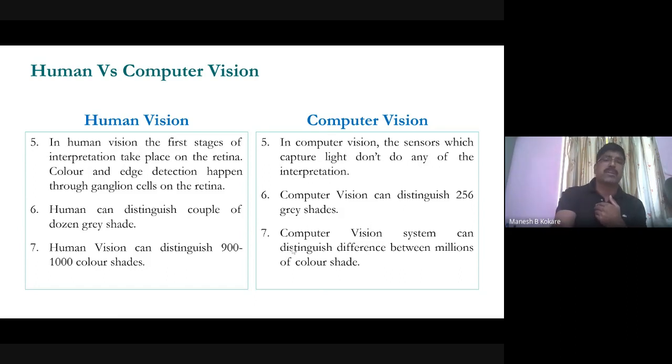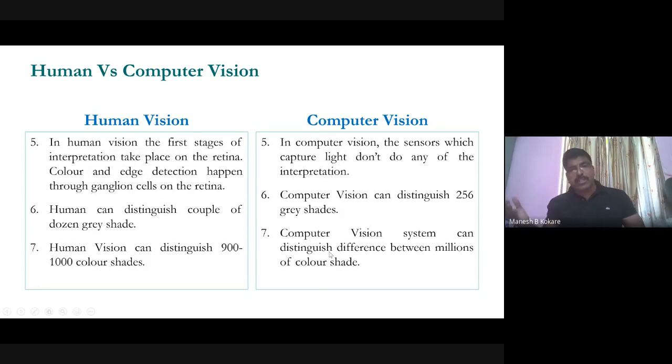More than 16 million color shades are there. But can we, as human beings, distinguish all those color shades with our eyes? No. Research says that out of these 16 million color shades, we can hardly distinguish only 900 to 1000 color shades. That is the limitation of the human vision system.